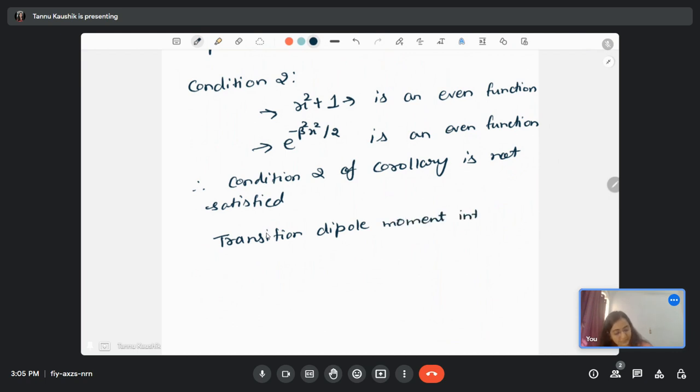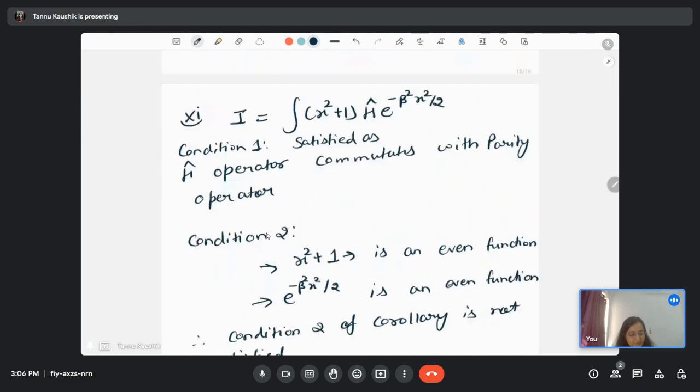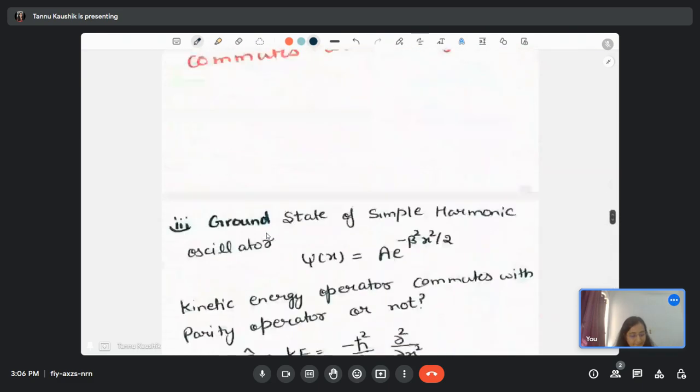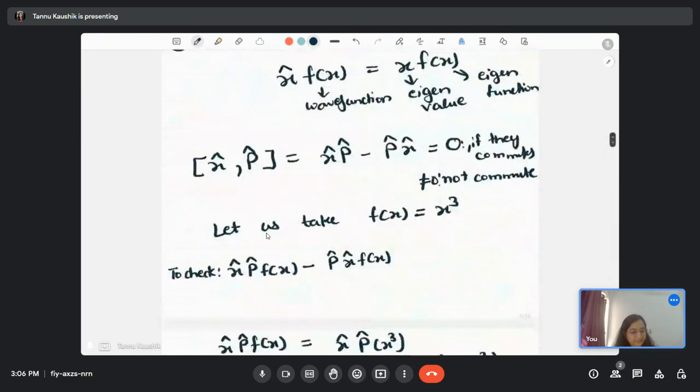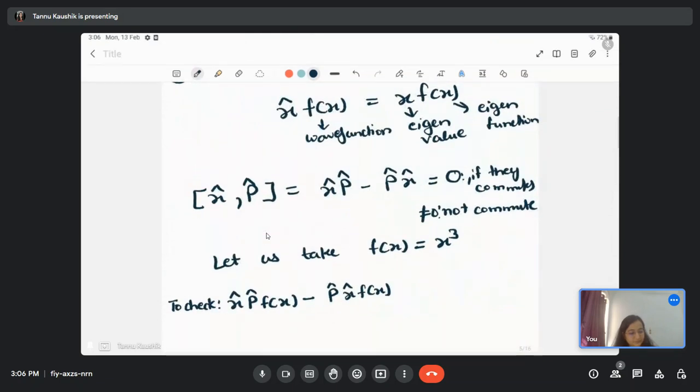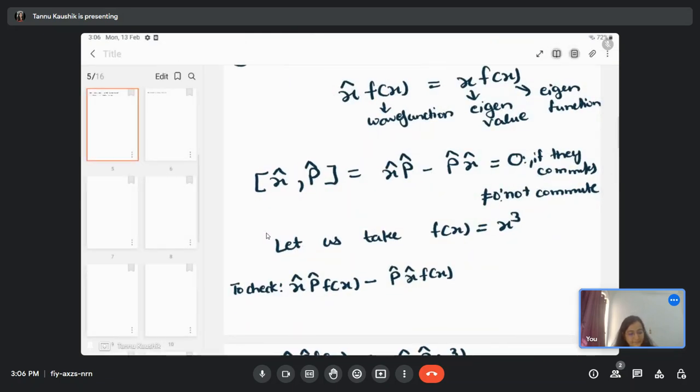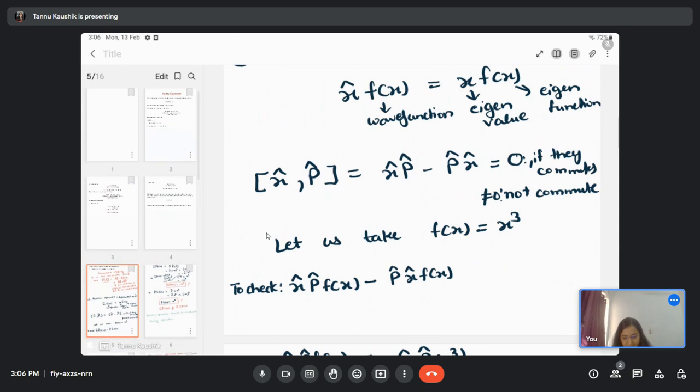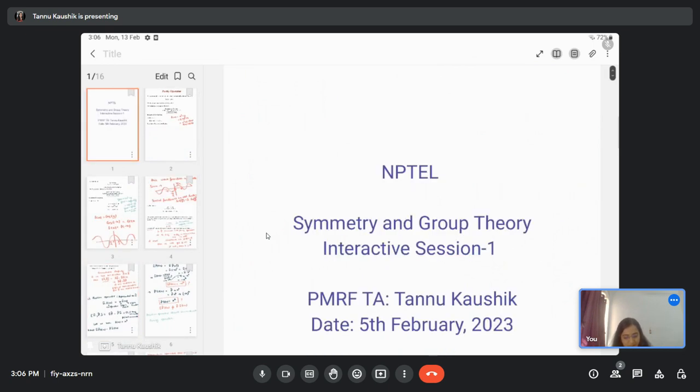So here we will get the transition dipole moment integral I not equal to 0. These are some of the examples.